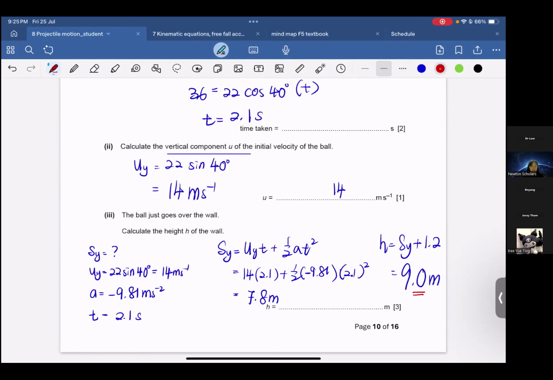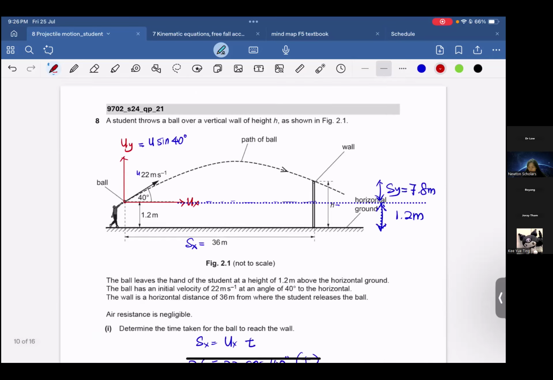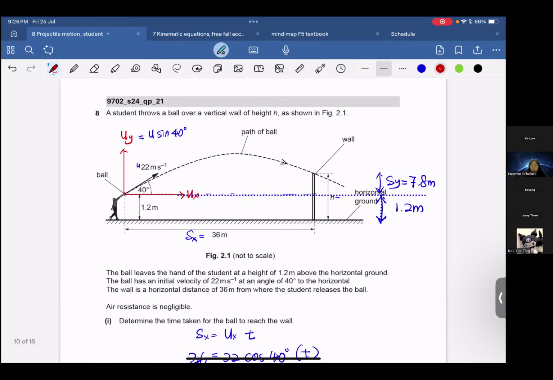Is it okay for this question, Lydia? It wants to trick you. That's why I said, Rashini, you just left one more step. Now the idea is here, you have to be clear. The SY we calculate is from the horizontal, from the ball go up. Okay, this is the distance.